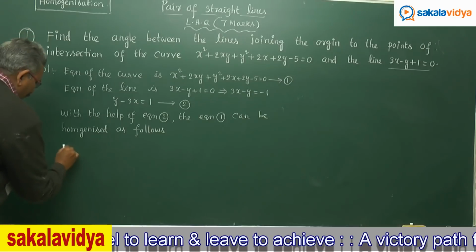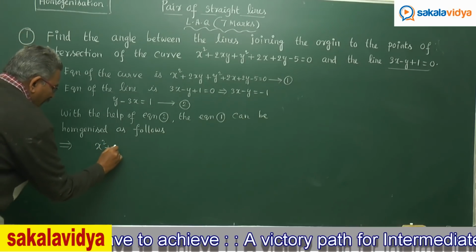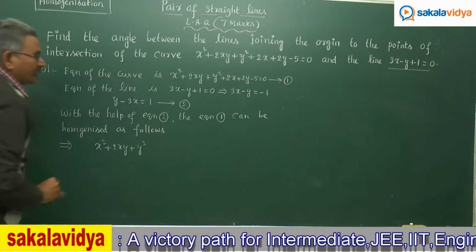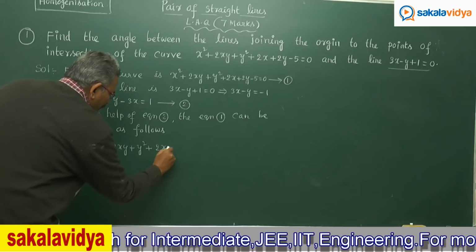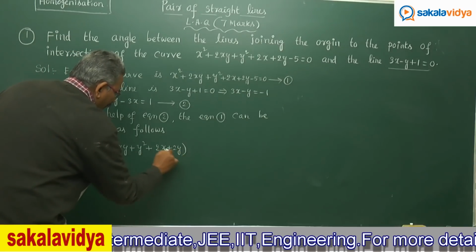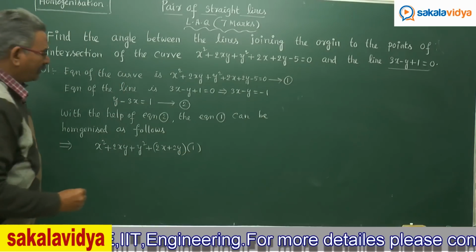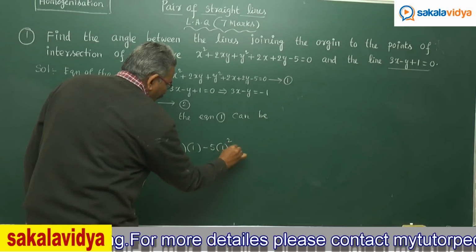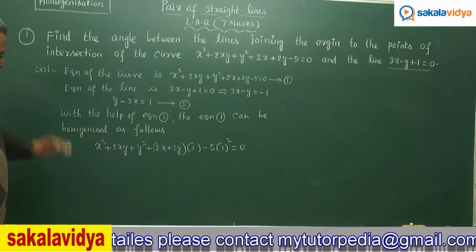So this can be written like this: x square plus 2xy plus y square plus 2x plus 2y multiplied by 1, minus 5 into 1 square equals 0. It does not make any difference.